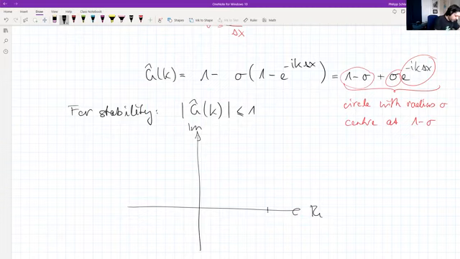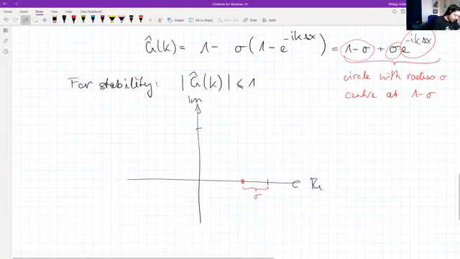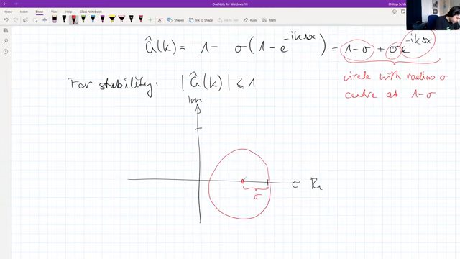So if I have one here and one here, I said it's a circle with radius sigma with a center at 1 minus sigma. So for instance, the center is here, then this position is 1 minus sigma, and then I need to have a circle with a radius of sigma, so something like this. So this red line corresponds now to my g hat of k.